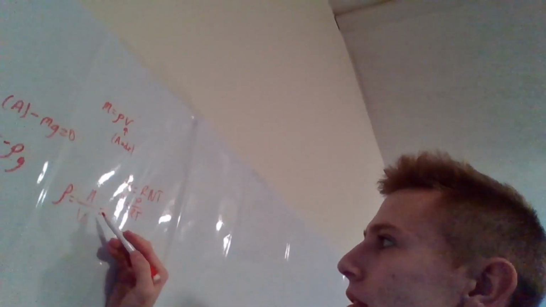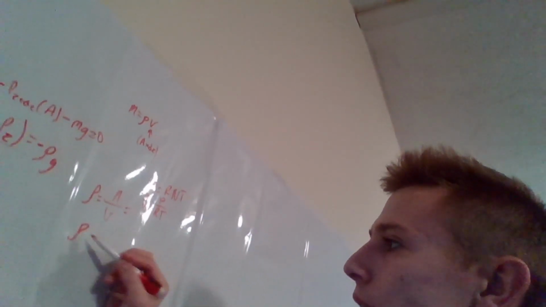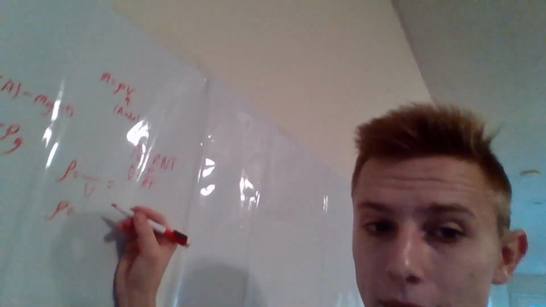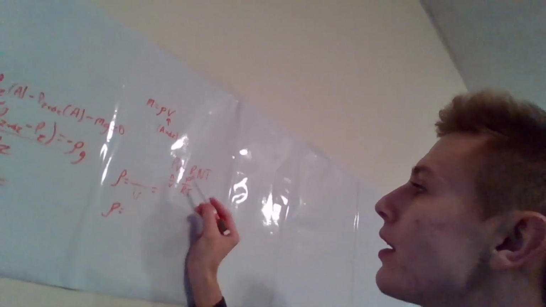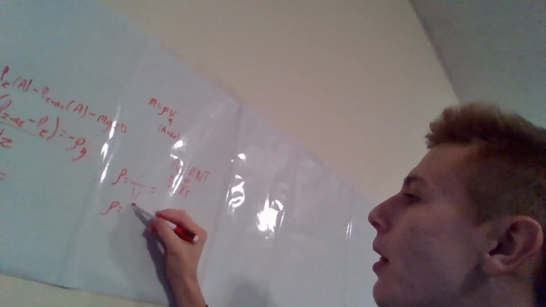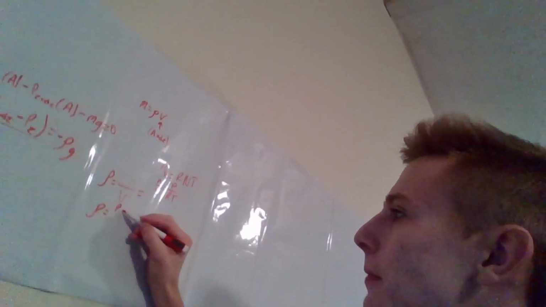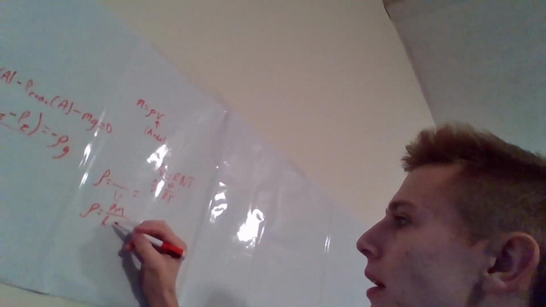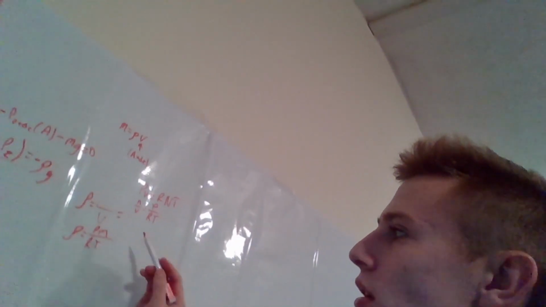So we can substitute this in and say that our density is equal to, since n is 1, we can take it out, our pressure times our mass over top of our R times our temperature, and we can substitute it into our equation before.